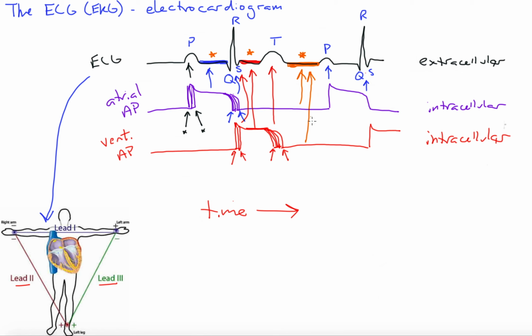That means the outside of the cells is the same in all regions of the heart, which means we have no dipole and we would have no wave. But that, of course, is opposite to being completely depolarized, as we were here or here, during the plateau of either the atrial or ventricular cardiomyocytes.